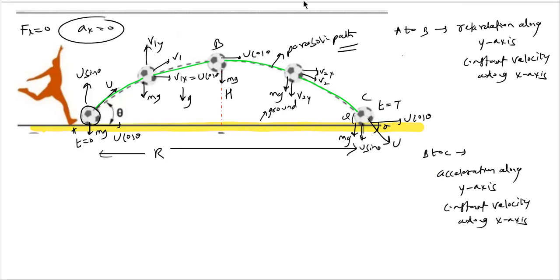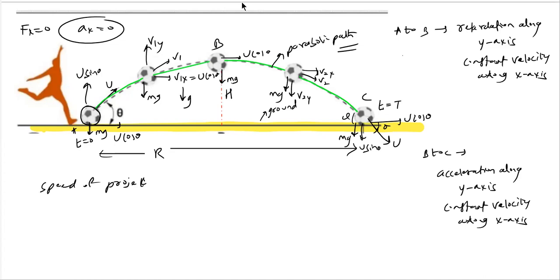Okay, agreed. After this, we'll go for how to find the speed of the projectile at any instant of time t. Already we got the position vector. So what will the speed of the projectile be along the x-axis?